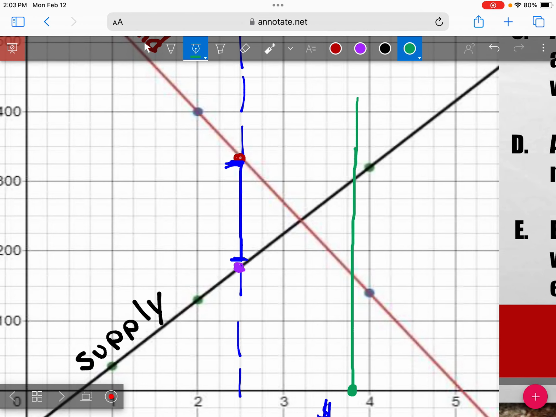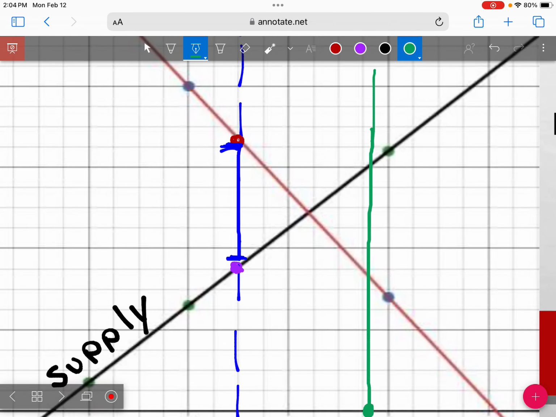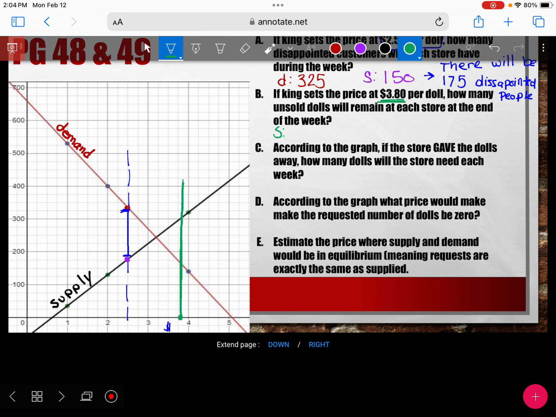Let's see if I can make this. Here we go. We're looking at our green one here. So on our supply, at $3.80, about how many dolls are we getting? About 300. We're estimating here, reading off the graph. What is our demand at that price? How many people want the dolls at that price?